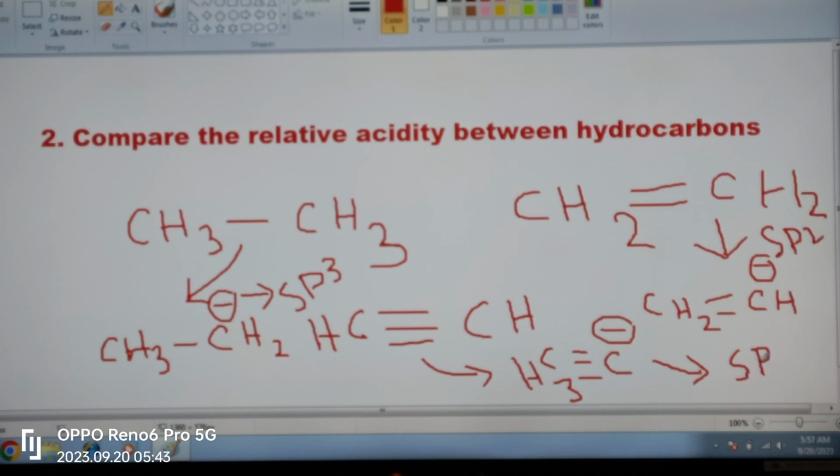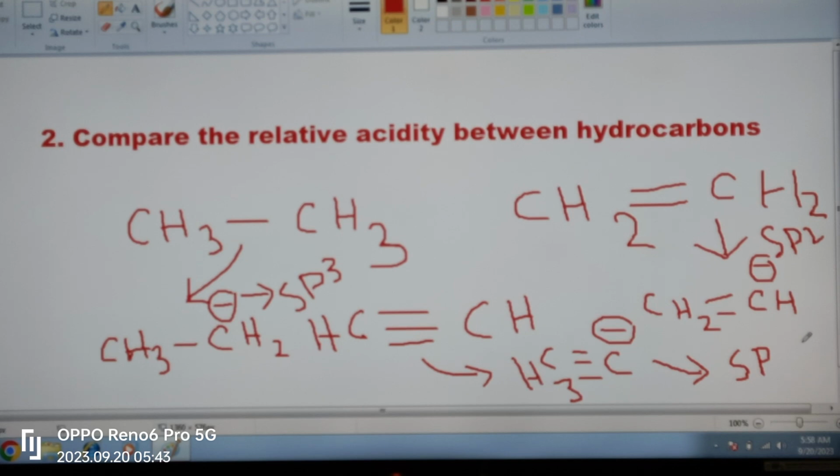So when you move from sp3 to sp2 to sp, the percentage of s character increases. All of you know, with increasing percentage of s character, the electronegativity of that orbital increases. That means the negative charge on that center will be stabilized due to the electronegativity of the corresponding orbital.